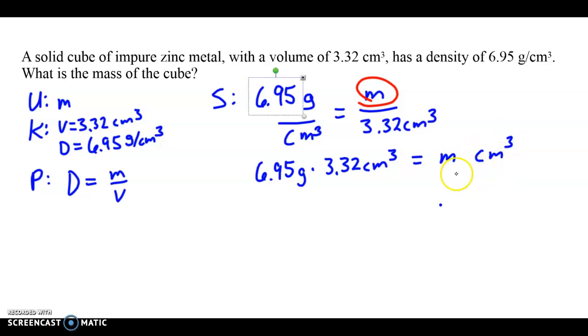All right, and to get M completely by itself, we can divide by centimeters cubed. And then we can cross out the centimeters cubed where they cancel out. So that will give us a situation where we need to multiply 6.95 times 3.32.